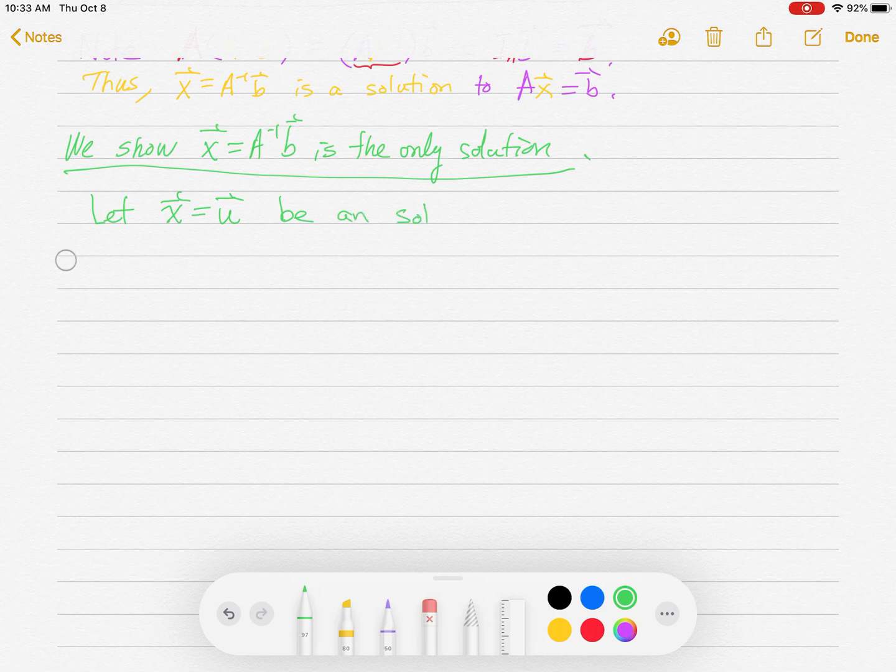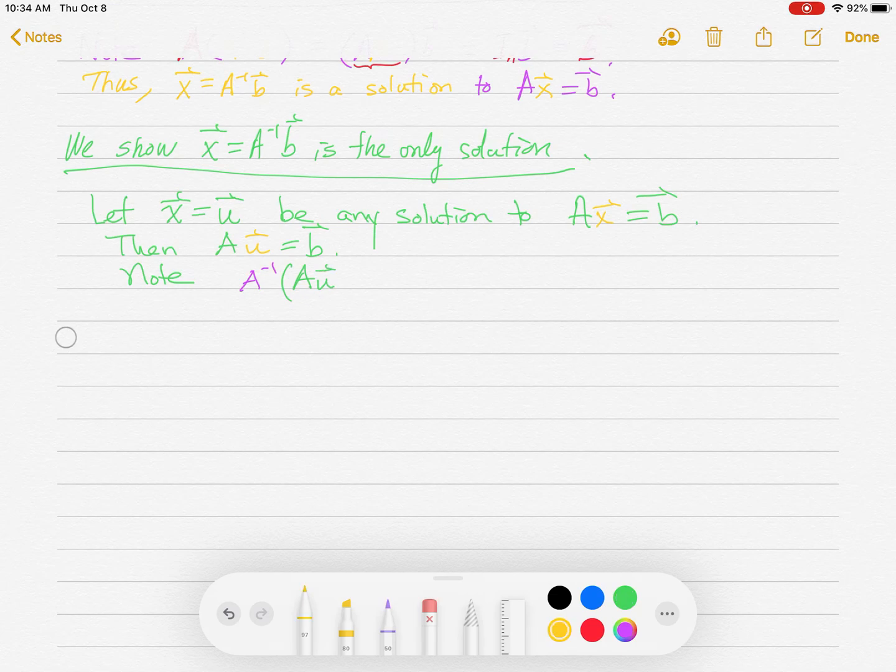So let U be any solution. So let X equal U be any solution to the equation A times X equals B. So in place of that unknown X, I'm going to plug in U for X. So I'm going to have A times U, where U is any solution, and that's going to be equal to the output B. Now what I'm going to do is hit both sides of that equation from the left by A inverse.